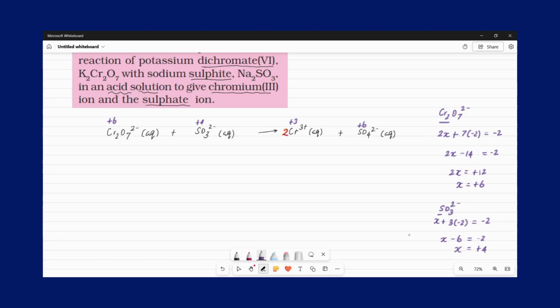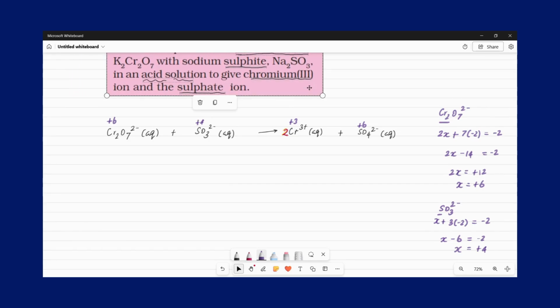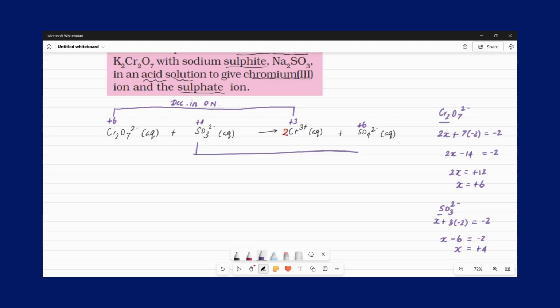So now I can identify which undergoes an increase in oxidation number and which undergoes a decrease. Going from positive 6 to positive 3 is a decrease in oxidation number, and positive 4 to positive 6 is an increase.